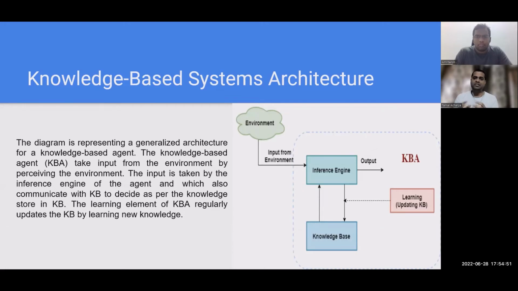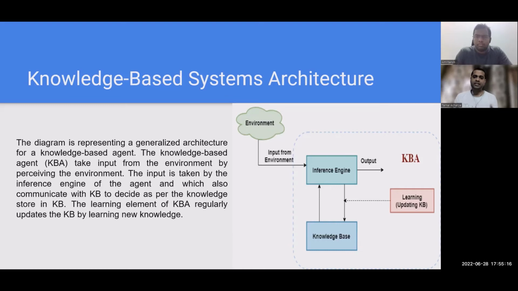Now this diagram, as I said earlier, is the architecture of a common knowledge base system. You can take it as an example. It represents the entire system architecture of the knowledge base agent. The agent takes input from the environment by perceiving it, which is perception.